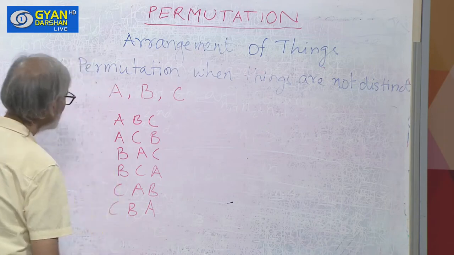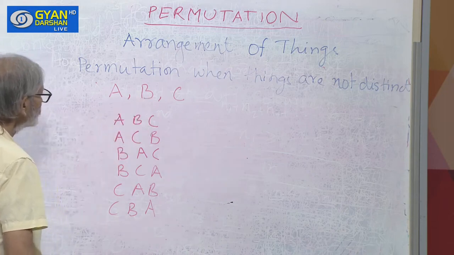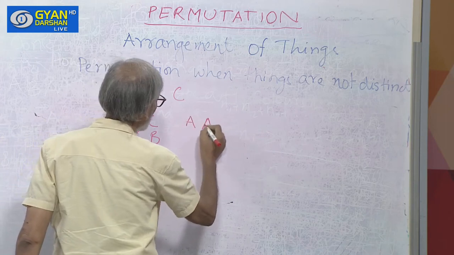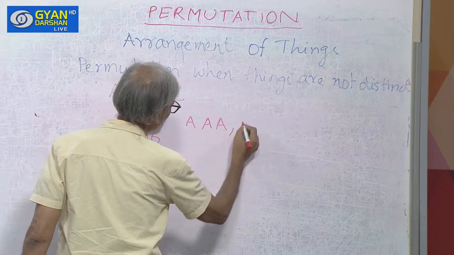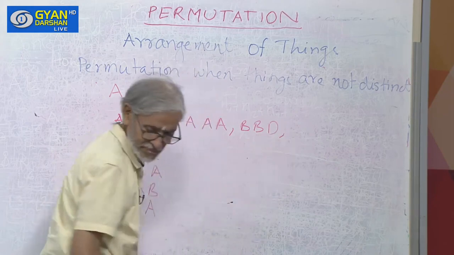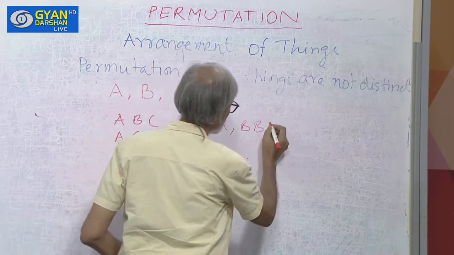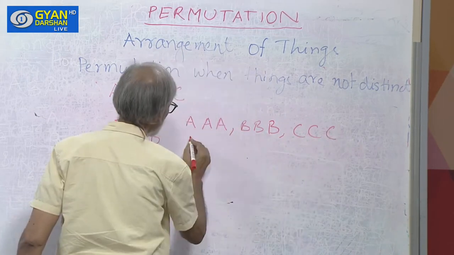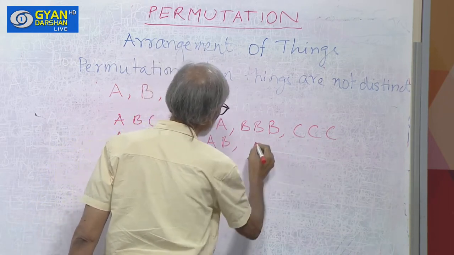but if repetition is allowed, 3 letter words out of these 3, then A will also come here, B will also come here, C, sorry, C will also come here, and similarly B, isn't it?